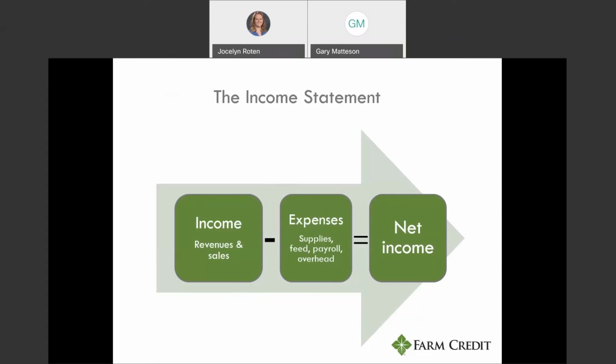Again, this is something that a lender will want to see for your business: your explanation of how you're going to earn money in income, and how you're going to spend money to produce those things that you can sell.